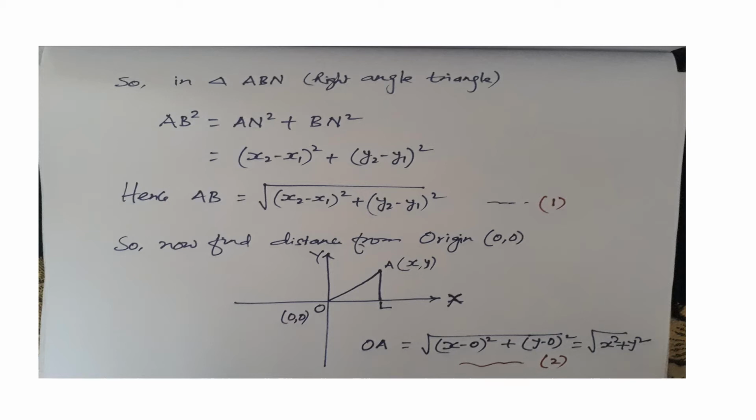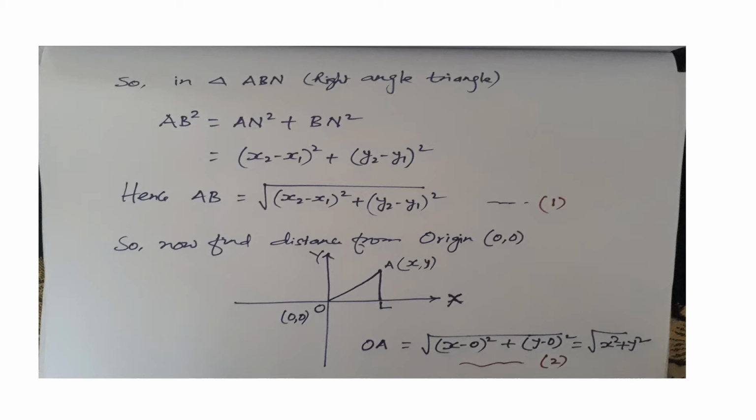So AB is equal to the square root of x2 minus x1 whole square plus y2 minus y1 whole square, and this is a very important formula for finding the distance between 2 points.